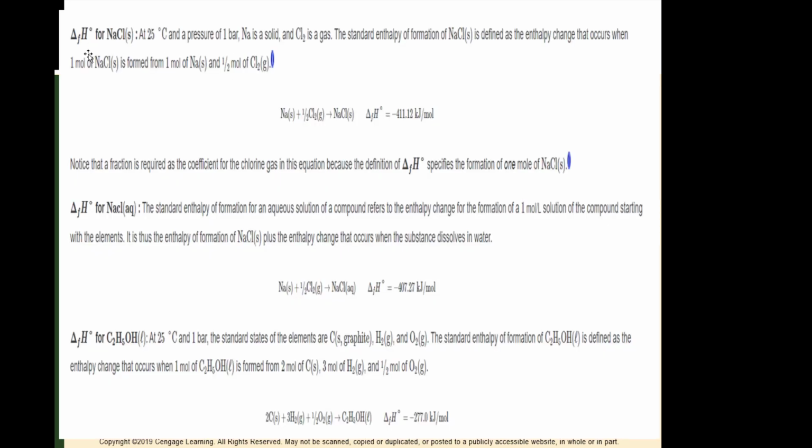If I wanted to look at the enthalpy of formation, notice that it's denoted as ΔHf, for sodium chloride. So I want 1 mole of NaCl. NaCl is made up of sodium, Na, and chlorine, Cl2 actually, because it's diatomic when it's by itself.